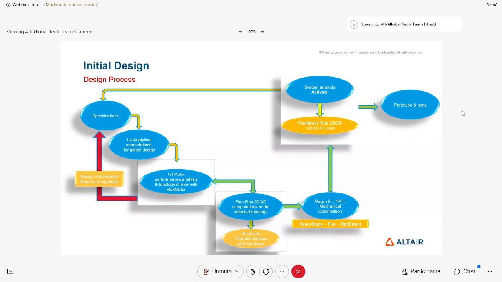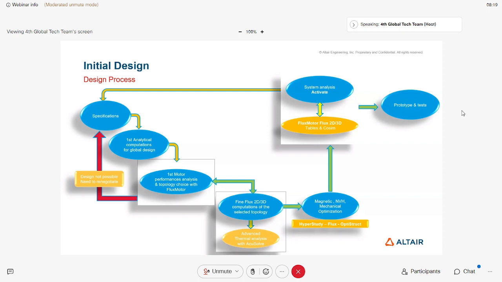So the first analysis we are going to do in Flex Motor are themselves at this level already multiphysics, because we are going to study the magnetic and thermal. Thermal is always going with EM analysis. We cannot design a motor without knowing the thermal behavior. And then, of course, the mechanical constraints need to be checked.